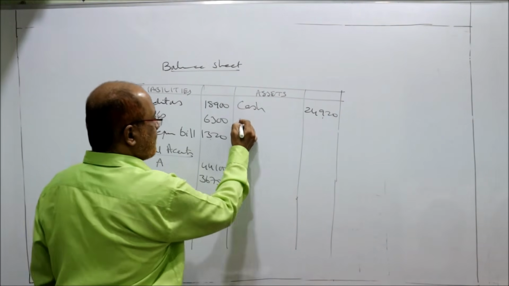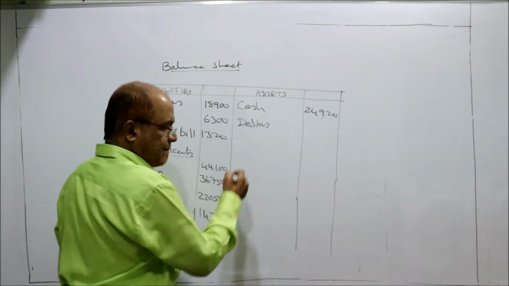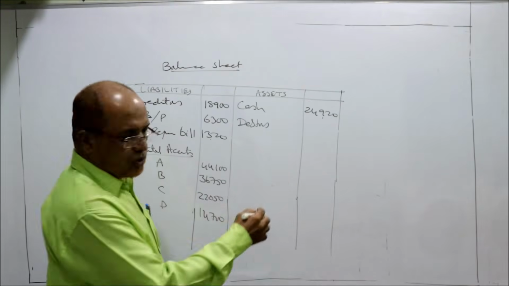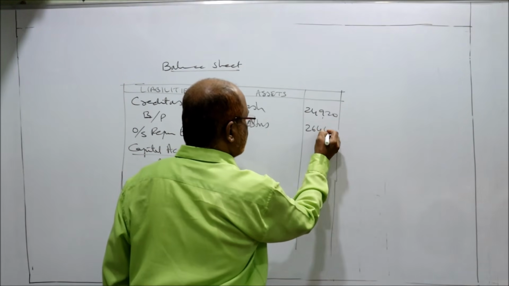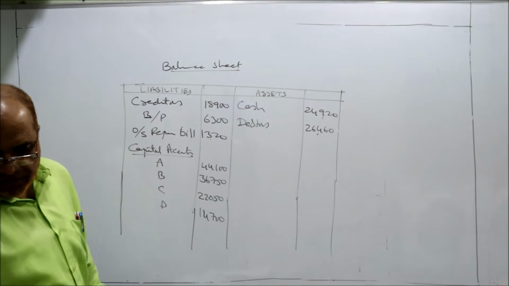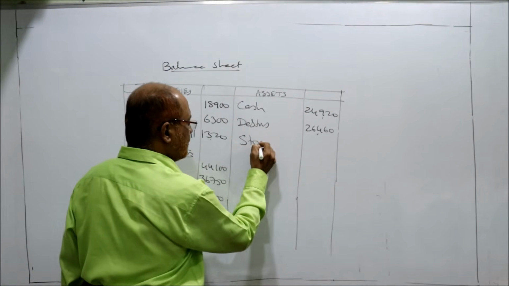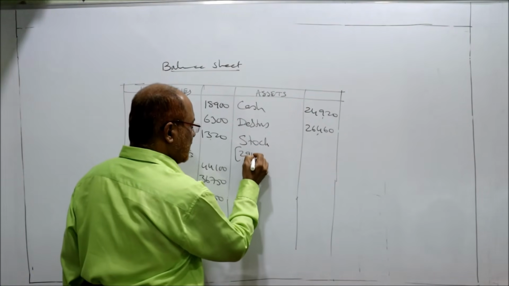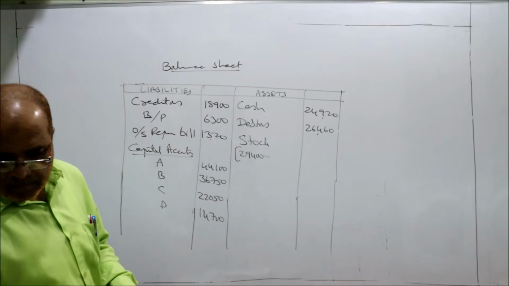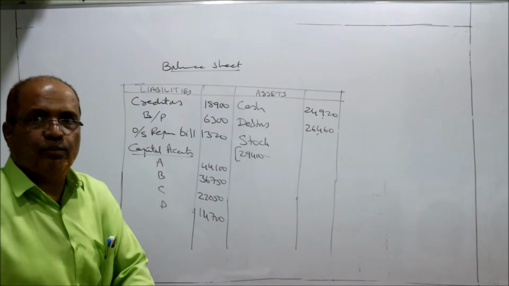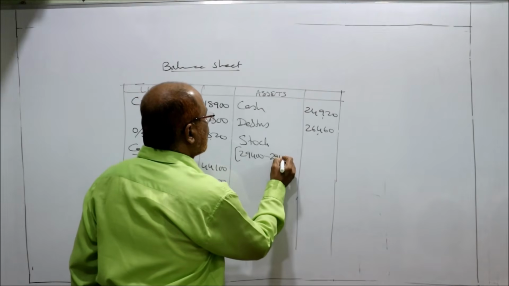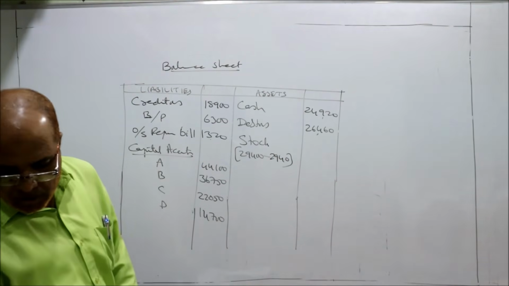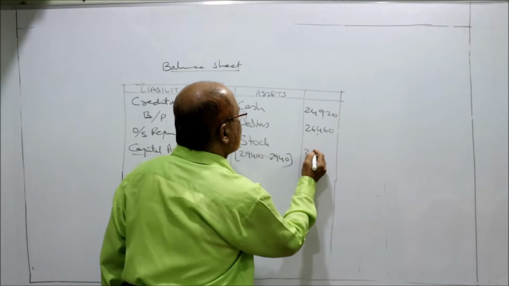Then debtors 26,460. Then we have stock, 29,400 minus 2,940. It will be 26,460.